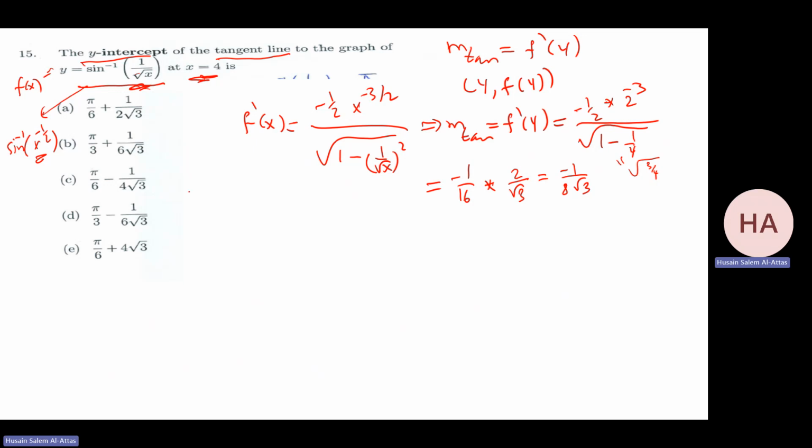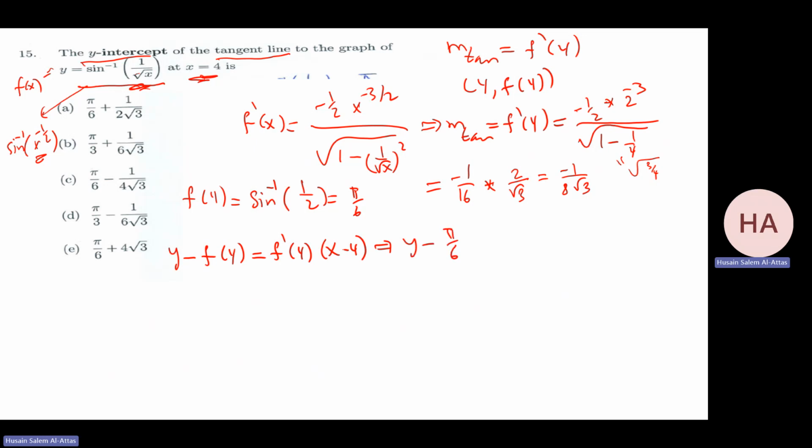What is f at 4? f at 4 would be sine inverse of half, which is pi/6. So the equation is y minus f at 4 equal f prime at 4 times x minus 4, that is y minus pi/6 equal this strange number times x minus 4.